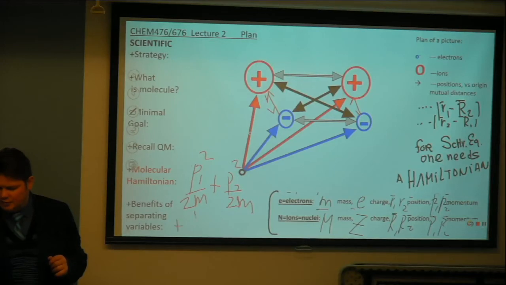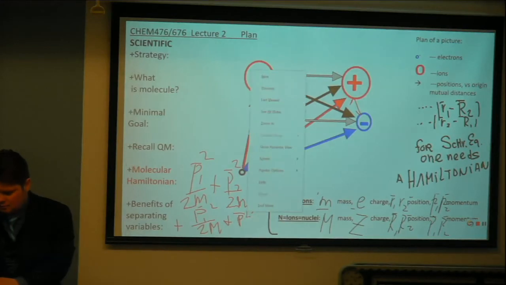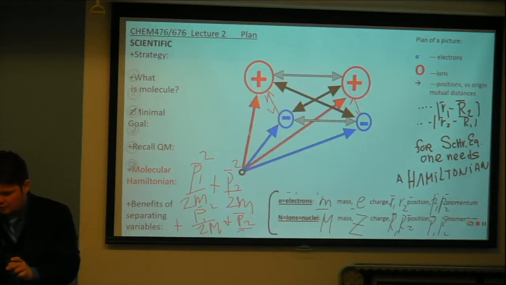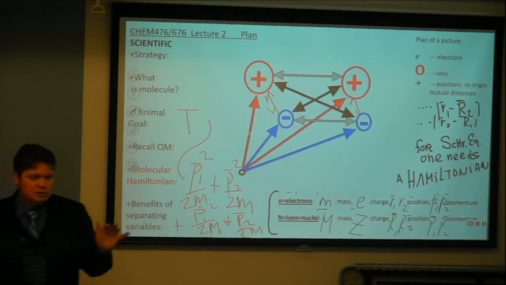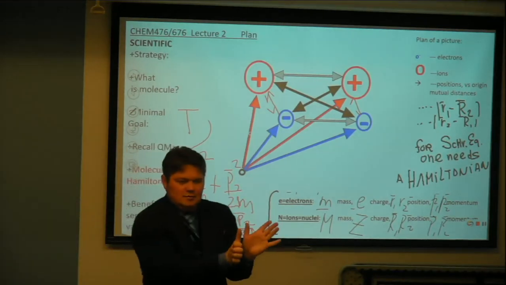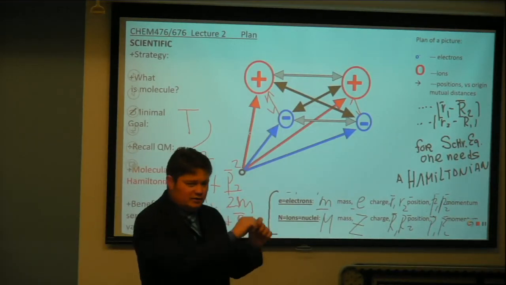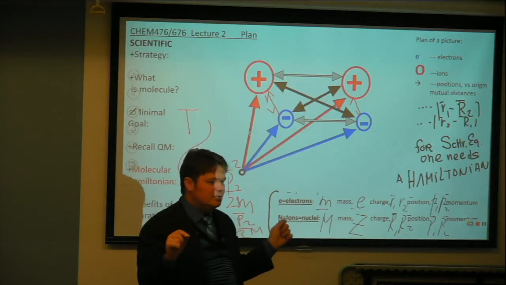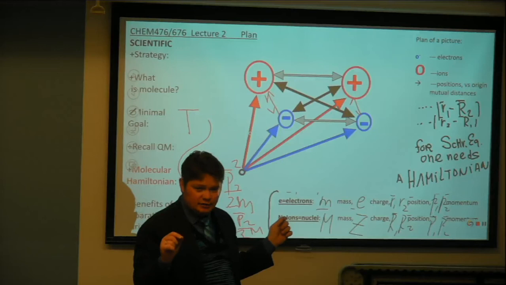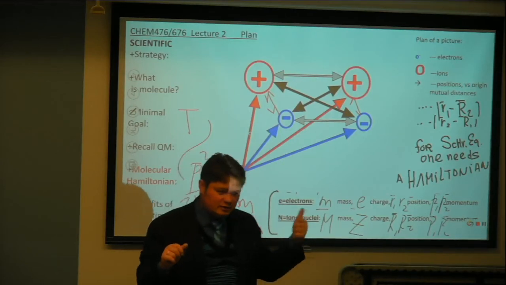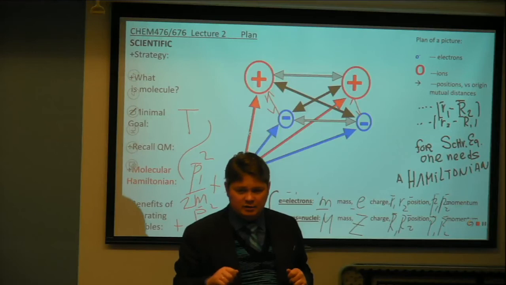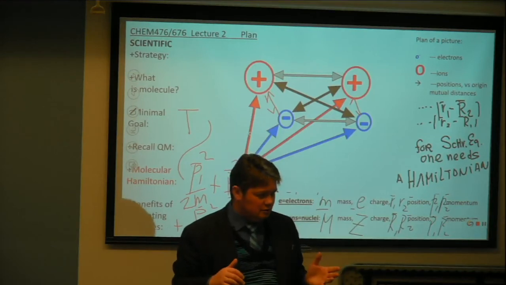Then uppercase P1 squared over 2 nuclear mass plus uppercase P2 squared over 2 nuclear mass. So this will be kinetic energy. So total 6 for potential and 4 for kinetic. And if one writes it down in a row, it will be the molecular Hamiltonian, the total operator of energy that one can use either towards molecular dynamics or towards eigenstates of the Schrödinger equation for electronic states.